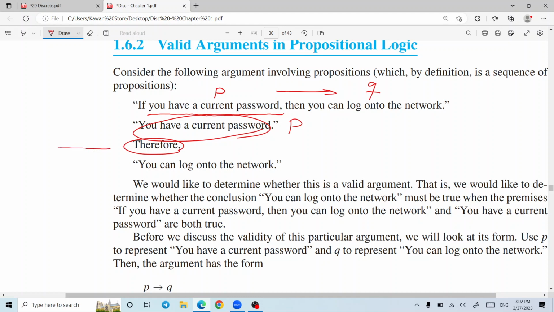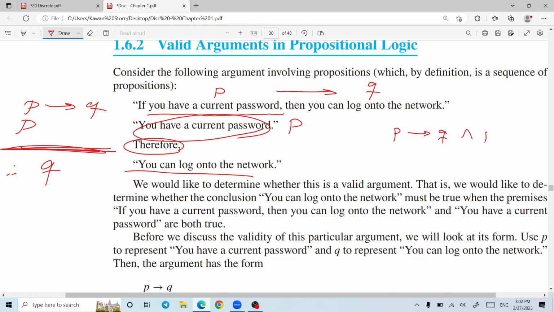Therefore, I'm going to write P, then Q, P. Therefore, we have Q. So if I want to make a theorem, I say P then Q, and P will give me the conclusion Q. If I give you a sentence, you make that one.